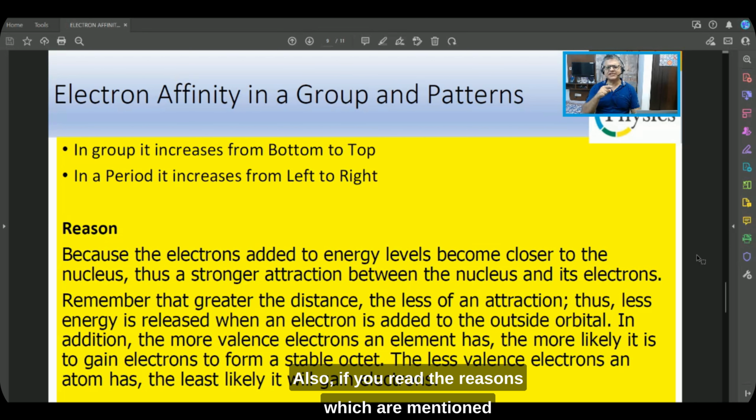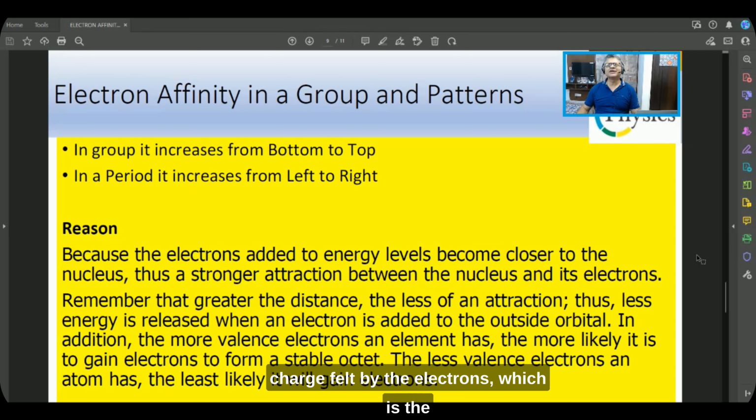Also, if you read the reasons mentioned here, you can see that when the electron is being added to an energy level closer to the nucleus, there is a very strong attraction between the nucleus and the electron. But if you're adding the electron to the outer shells, the effect of the nucleus becomes less. Remember, across a period, the Z effective, the effective nuclear charge felt by the electron of interest, the outer electron, matters.